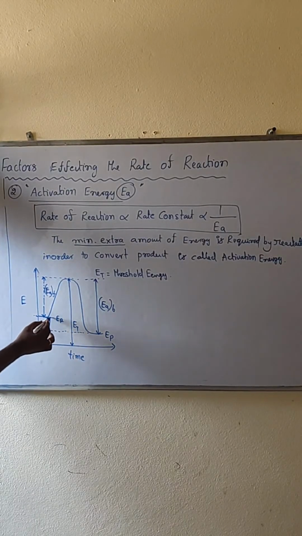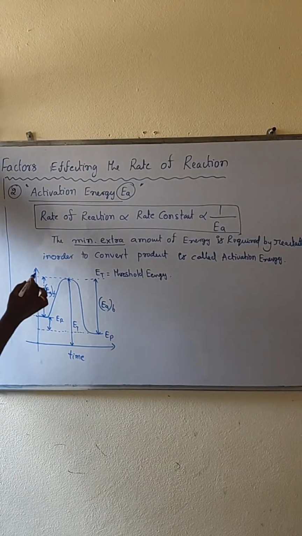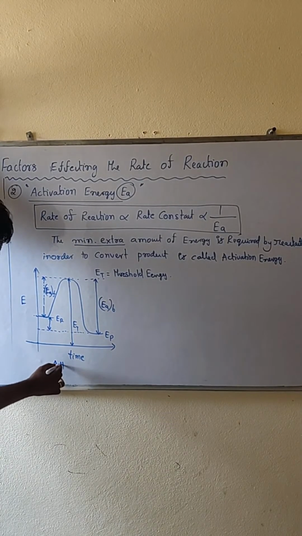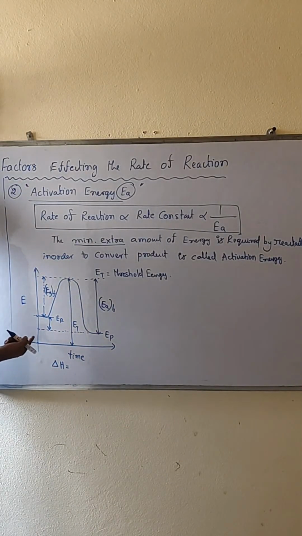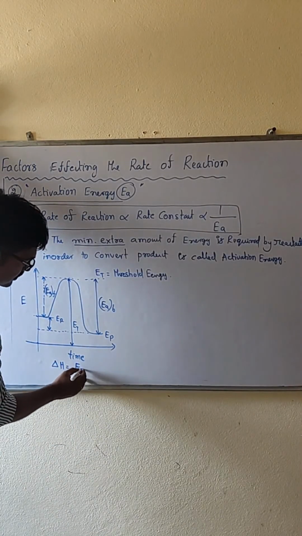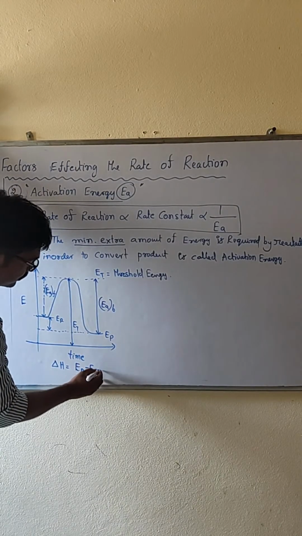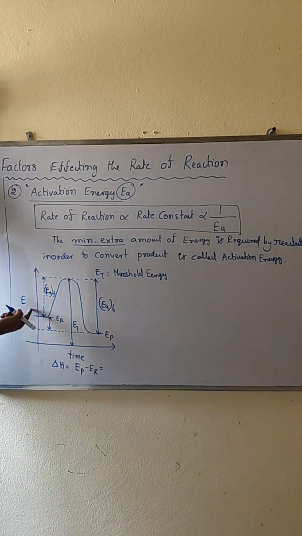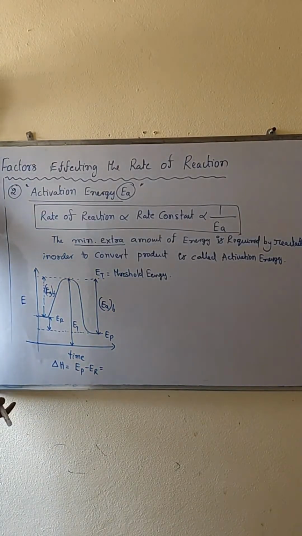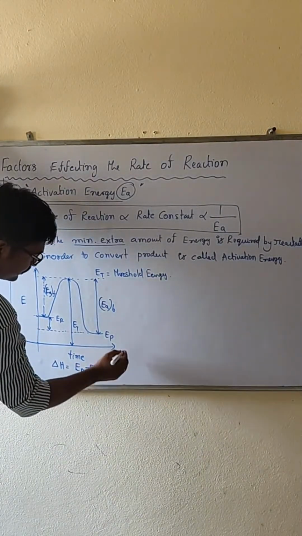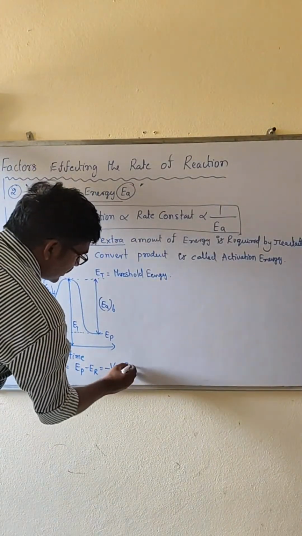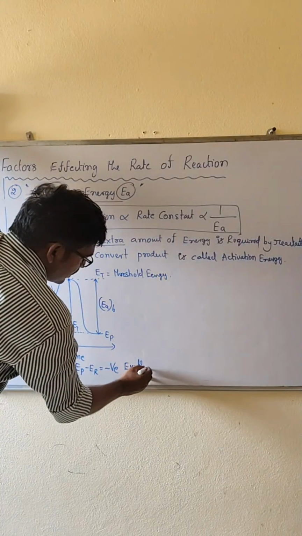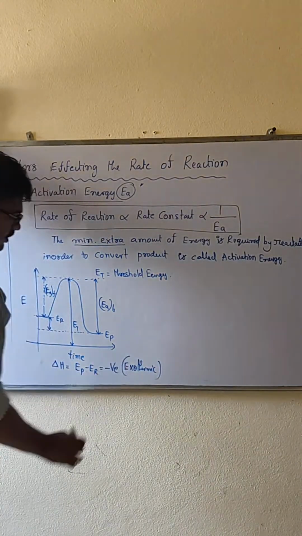The energy gap between the reactants and products is called delta H. The product has less energy and the reactant has more energy, so energy of products minus energy of reactants gives a negative value. That is an exothermic reaction.